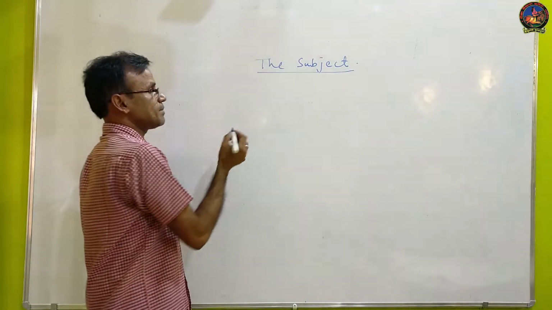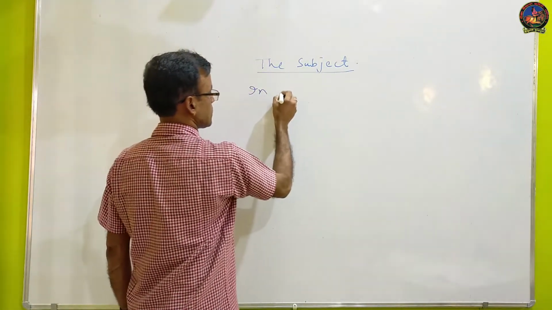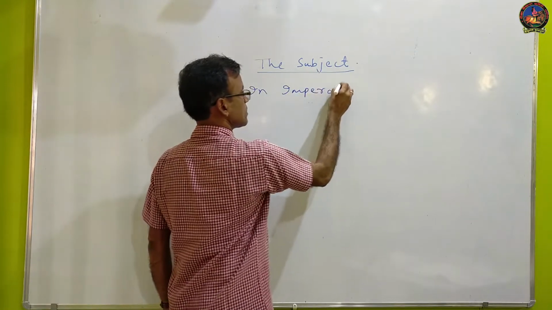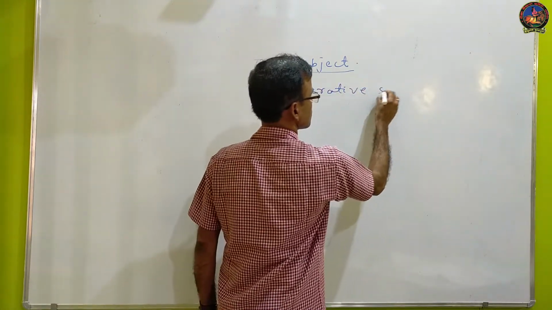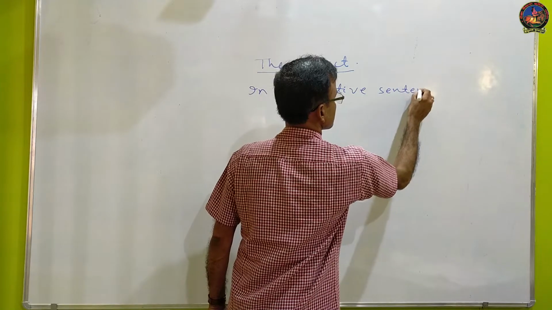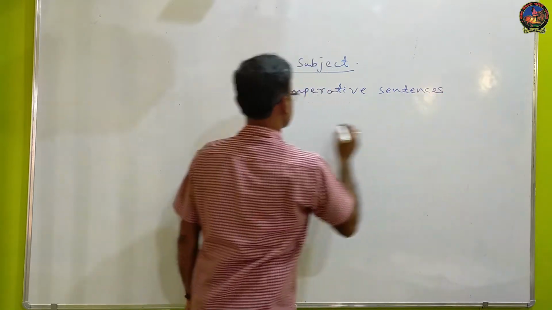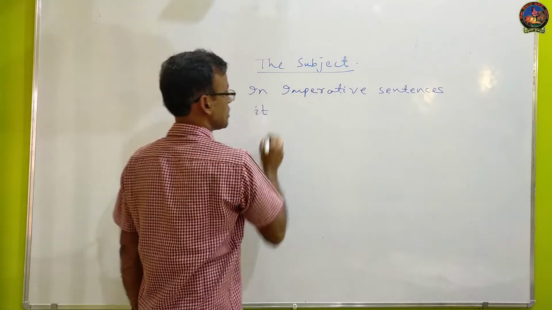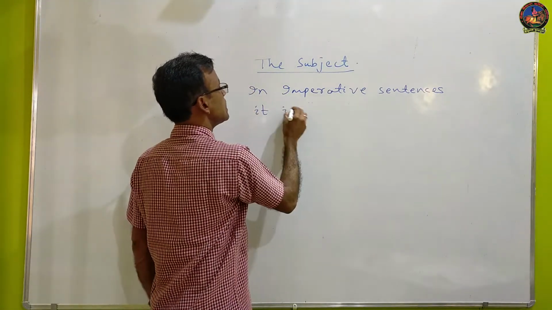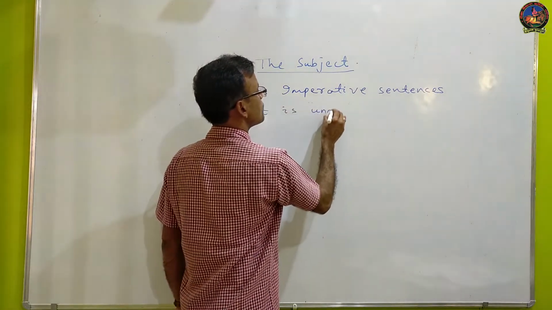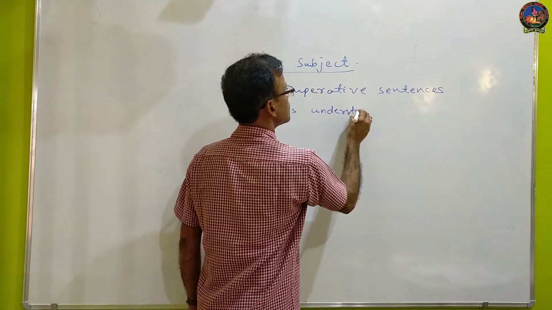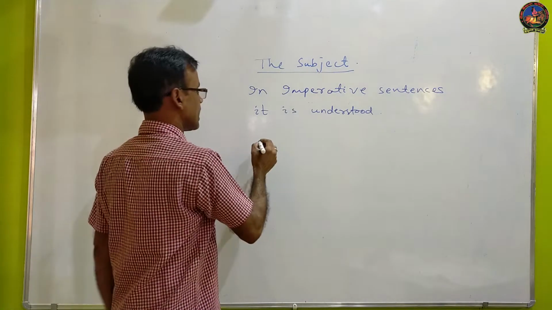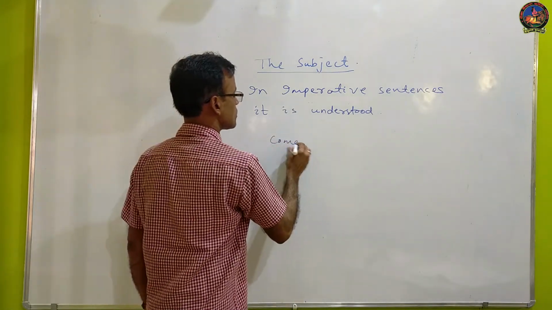In imperative sentences, the subject, you, is understood. It is not written in the sentence, like, come here.